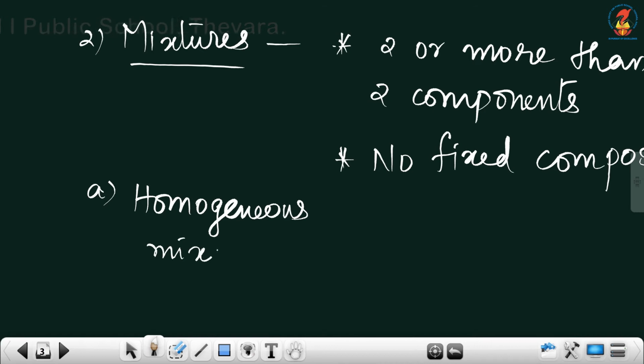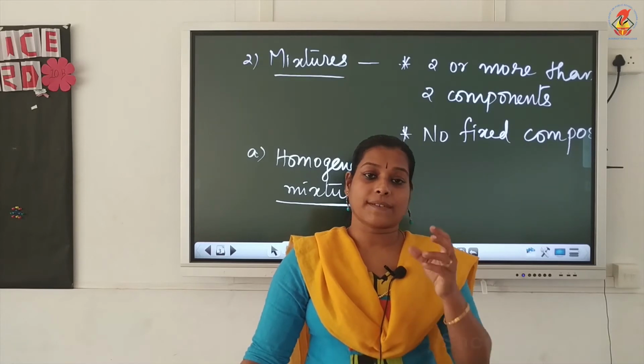Homogeneous mixtures means there is uniform composition between the components. For that we can take one example of salt in water. You are making a salt solution, a mixture of salt in water.